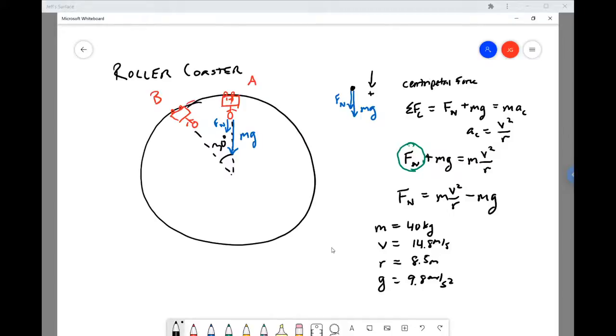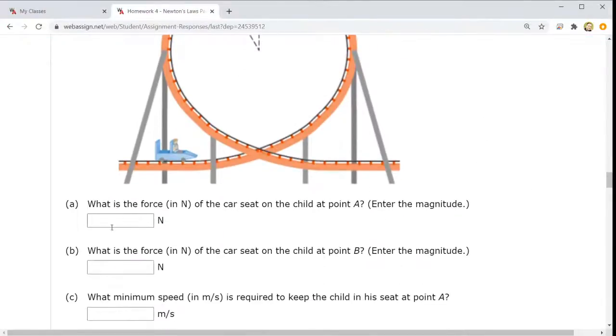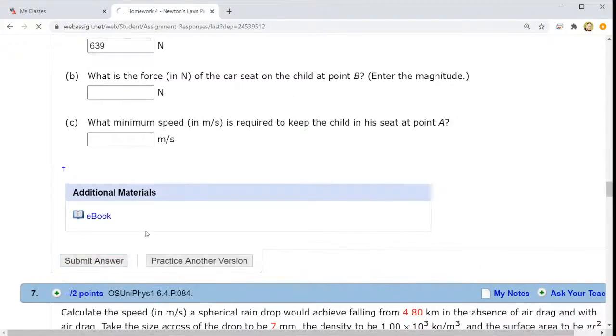And so let me plug all those things in here and I'll give you an answer. 639 newtons of force. So let's go back to here and put it in, make sure we're right. 639 newtons, submit.